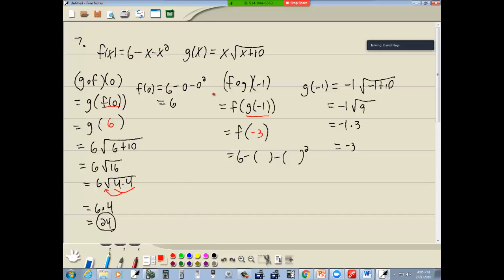I just replace the x's with parentheses. And then I'll plug in my -3. Now negative parentheses negative becomes a positive. Minus -3 squared is 9. So then 6 plus 3 is 9. 9 minus 9 gives us 0. Okay. And that'd be our answer.